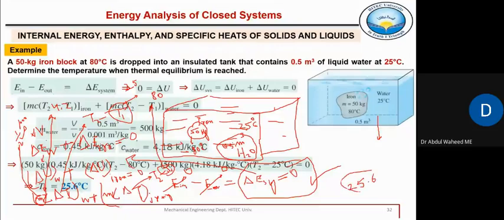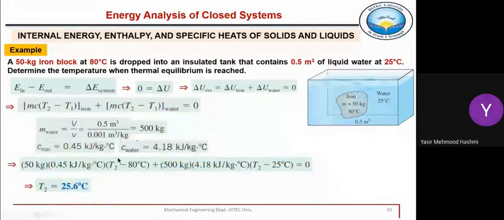So the final temperature is 25.6. So the answer is the final T2 is near to 25. Now why? What is the reason? That is important. Specific heat, yes, specific heat.